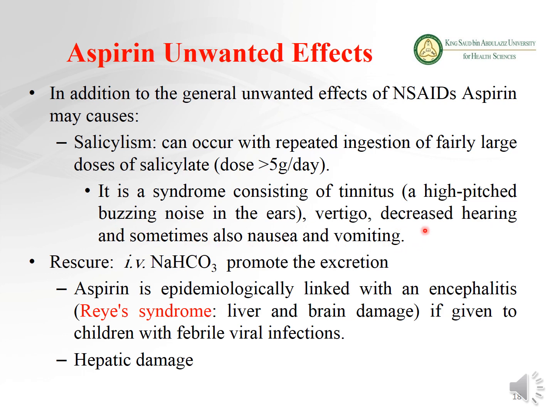and sometimes also nausea and vomiting. How can we reduce the concentration of acetylsalicylate in the body? Remember, we have discussed in toxicology how we can decrease the drugs which are already absorbed into the blood. If it is an acidic drug, we have to make the urine alkaline so that it remains in the charged or polar form within the kidney and can be excreted out.